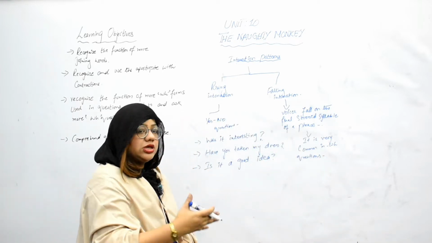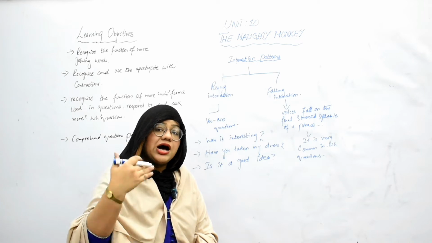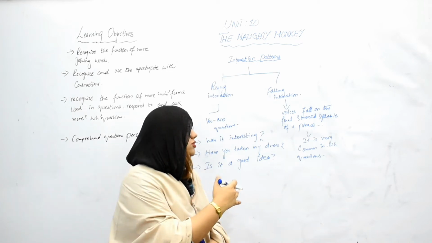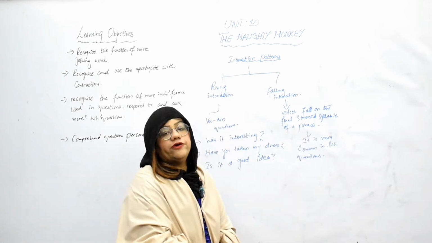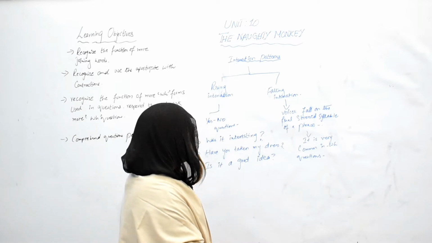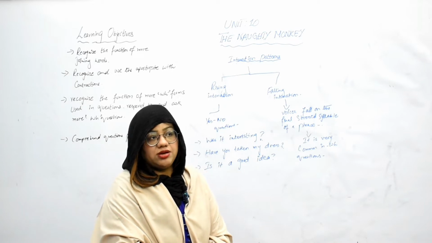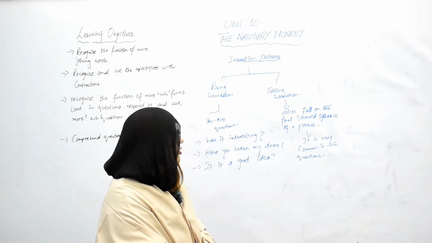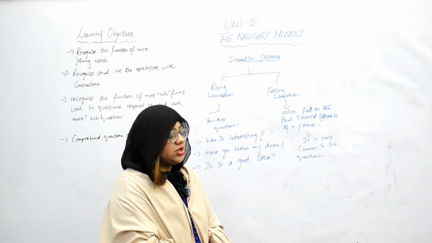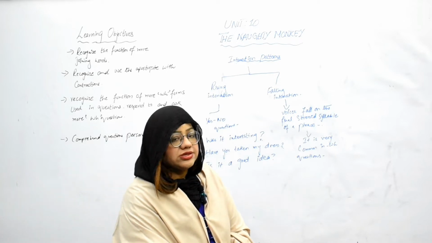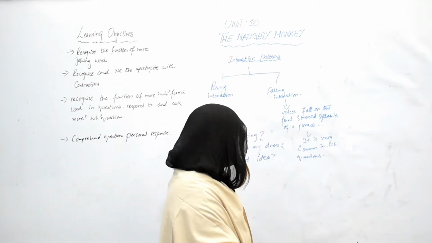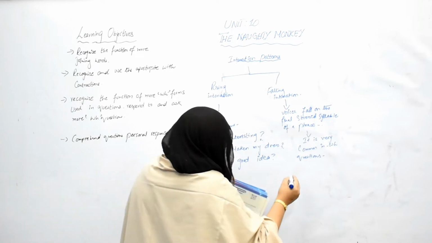Falling intonation, in which the voice falls on the last syllable, on the final stressed syllable of a phrase, is very common in WH questions, like what, when, where. Now I'm going to write examples of falling intonations, so you have it clear.